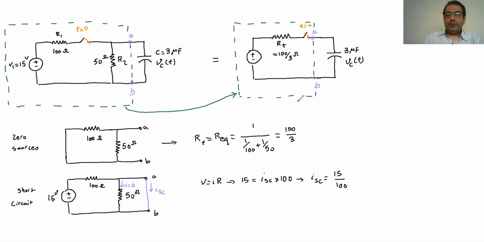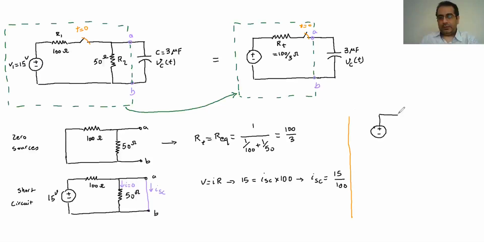Then if I come here and look at this circuit, we know that if I connect the A and B together, the ISC goes through that, and then with the RT, I can calculate the VS here. So I will write it here. If I draw this circuit here and short circuit it, it should be equivalent to this one. The short circuit of that is the source that we don't know what it is.